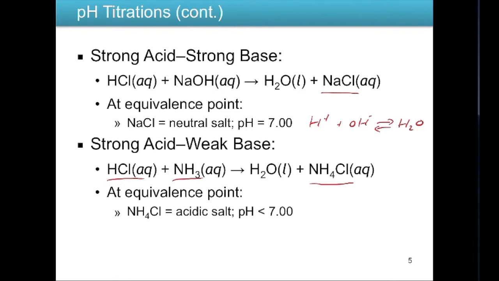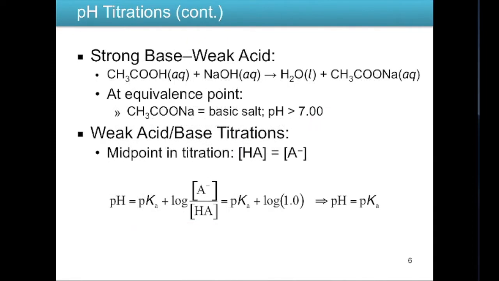Since we only have that in solution, we have an acidic solution. If we have an acidic solution at the equivalence point, then the pH is going to be less than 7. For a strong base-weak acid titration, for example, acetic acid and sodium hydroxide producing water and the acetate ion, or sodium acetate if you want to write it in the aqueous form like this.